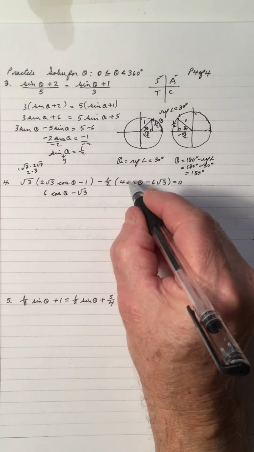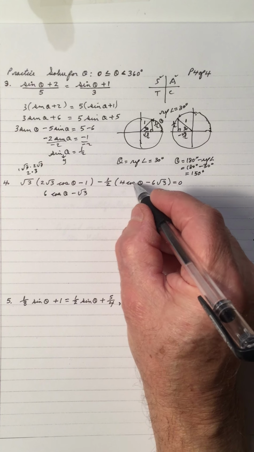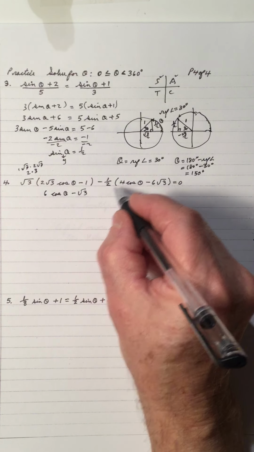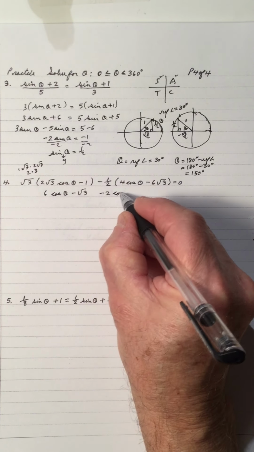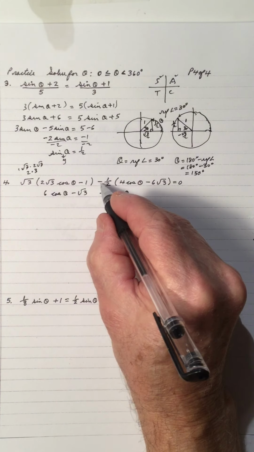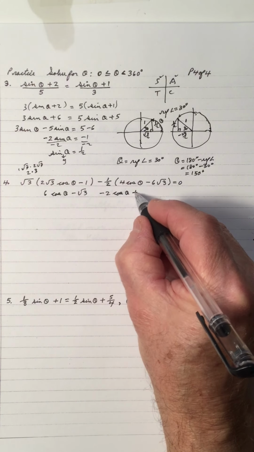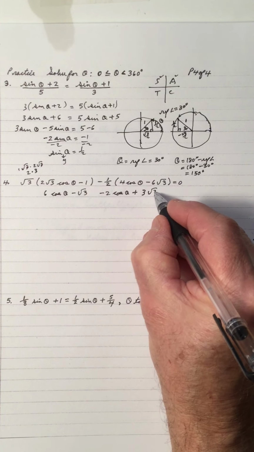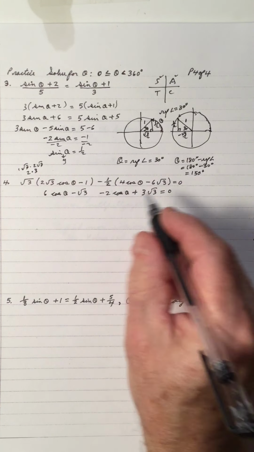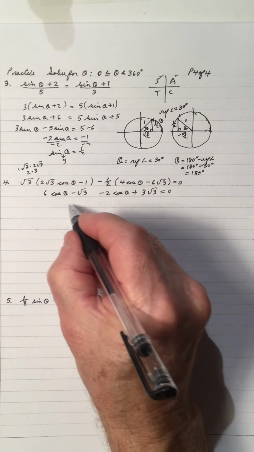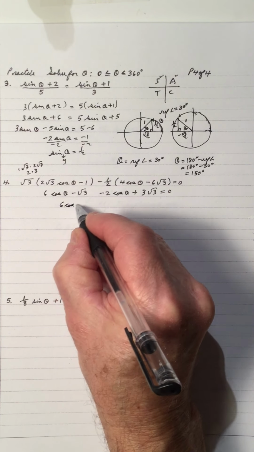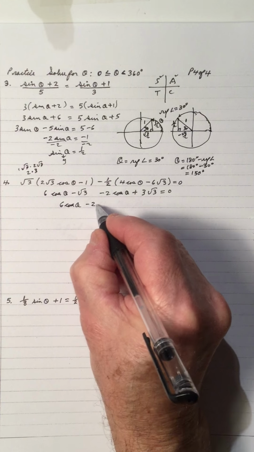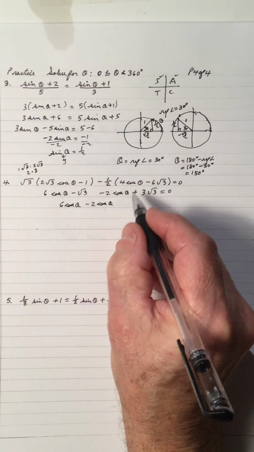And we're multiplying a negative 1/2 by 4 cos theta. Negative 1/2 times 4 is negative 2 cos theta. Negative times a negative is a positive. 1/2 of 6 is 3, so that's 3 root 3. And we'll move 6 cos theta minus 2 cos theta.